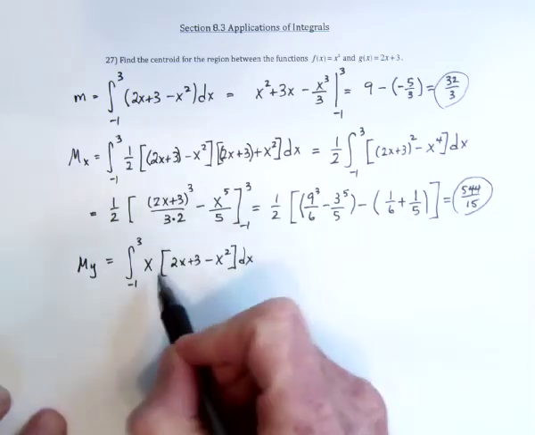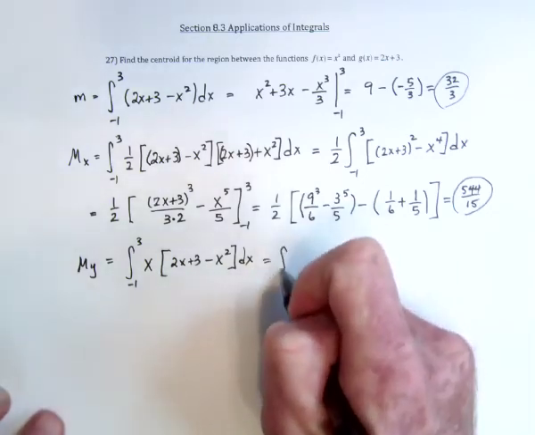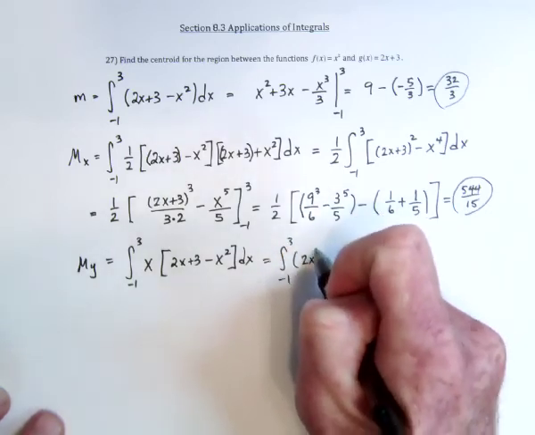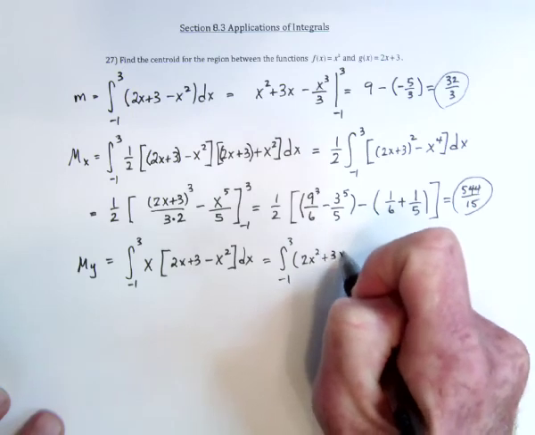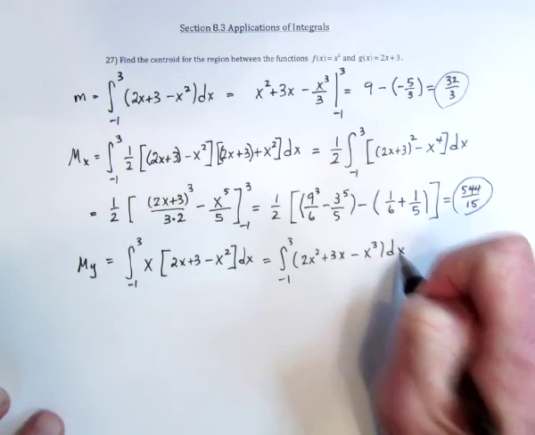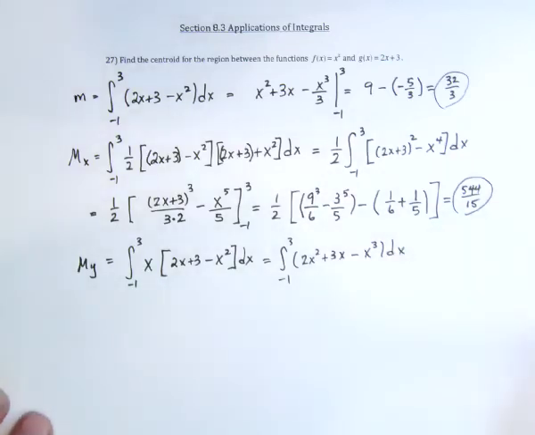So go ahead and distribute that. Integrate from negative 1 to 3: we would have 2x squared, 3x, and minus x cubed. Good old algebra. And now integrate those.